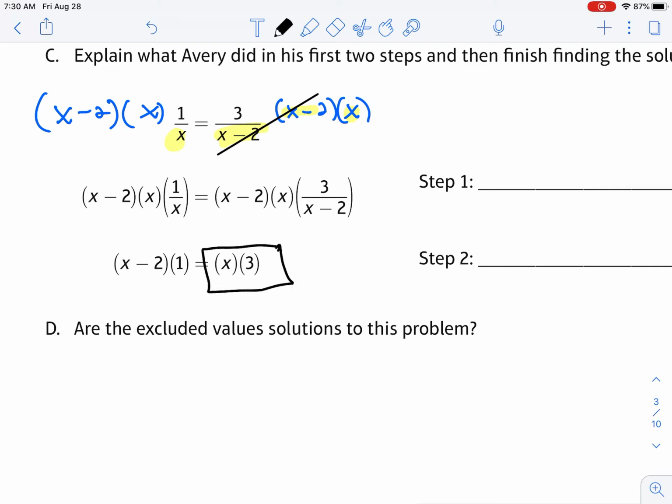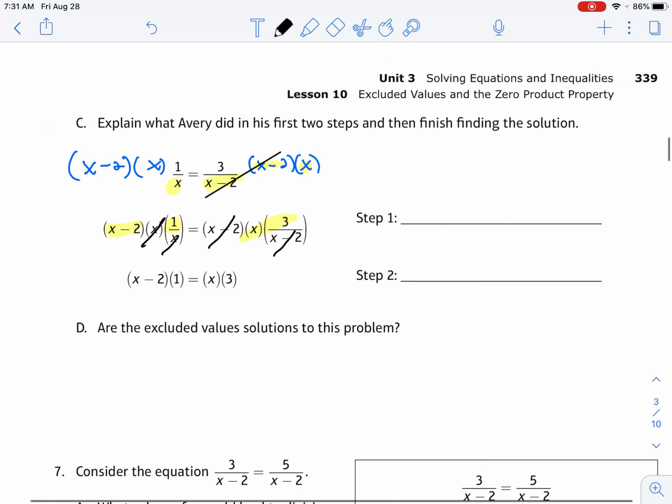But realistically what they're doing here in step 2 is, yes, these cancel out, and then you're left with the 3 times x, and over here, the x's cancel out, and you're left with the x minus 2 times 1.